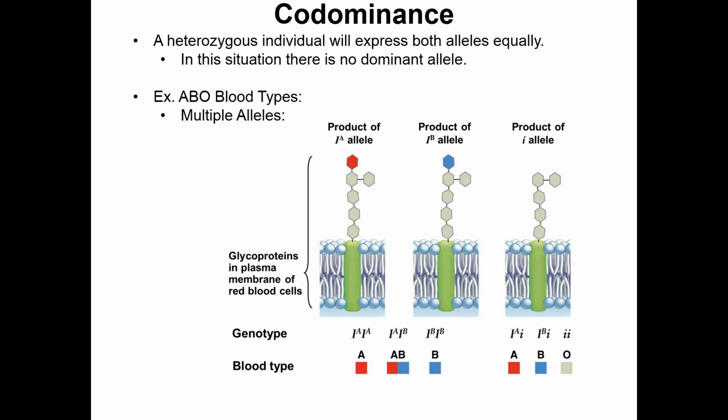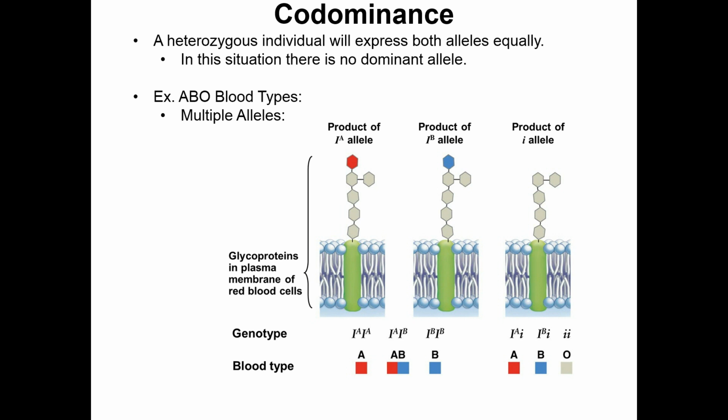So far we've talked about red, white, black, white, albino, non-albino, dwarfism, no dwarfism. We talked about two different situations, basically two alleles. Here we're talking about multiple alleles: an A allele, a B allele, an O allele.